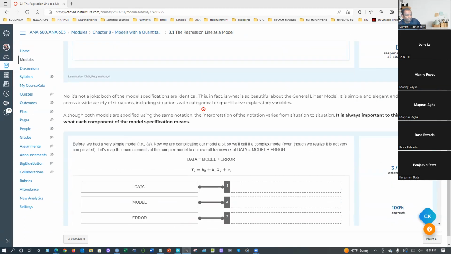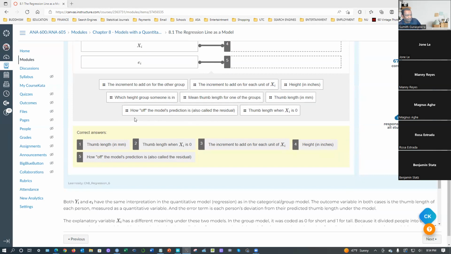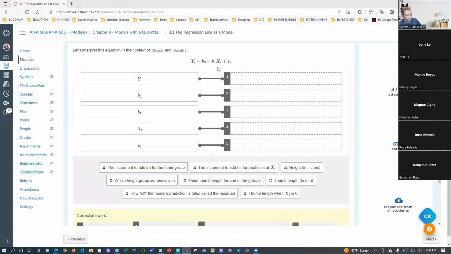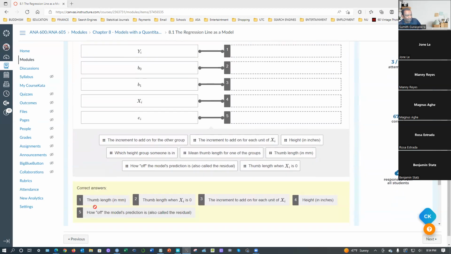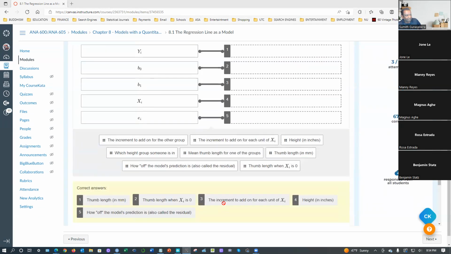You can explain that in different ways. Same formula: the thumb length when x equals 0, and b is the increment added for each unit of x, height in inches.